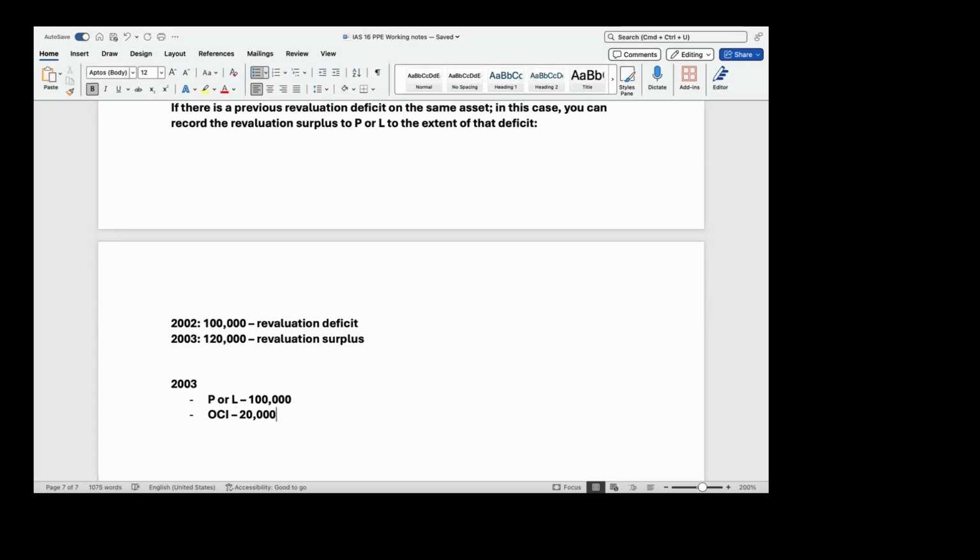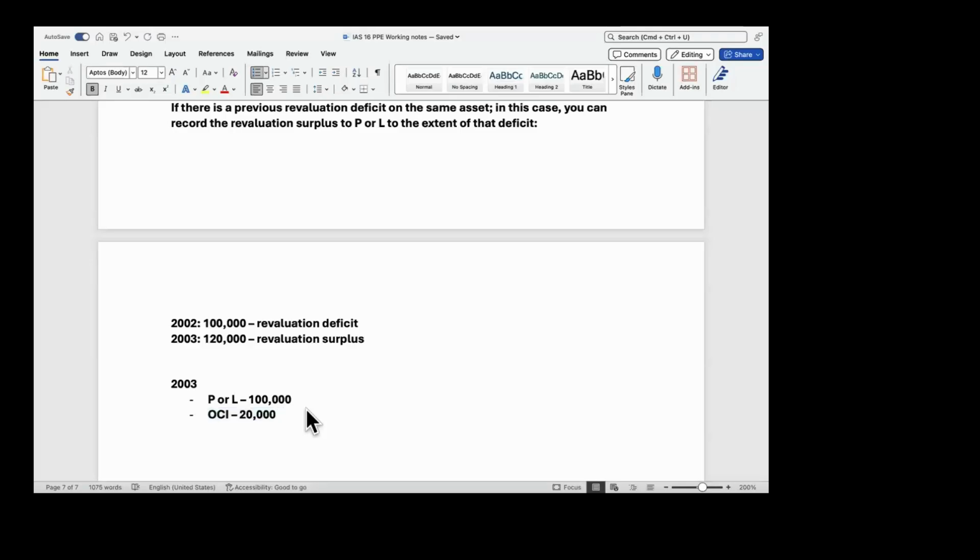That's how revaluation surplus and deficit works. If not for this previous revaluation deficit in 2002, if there was no deficit in 2002, and we just made a surplus in 2003, you know that the whole of this 120 will have gone to OCI.